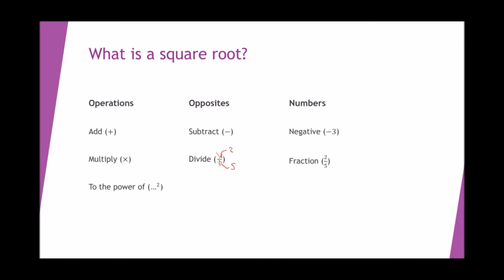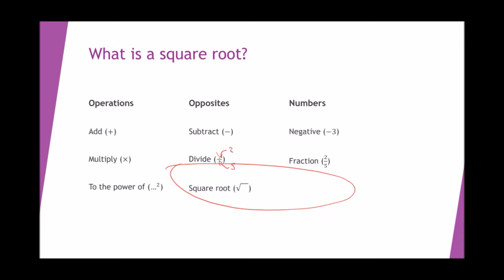So at this point, with this setup, we're going to get to the square root because we have this gap right here. And this is where the square root is going to come up. So as an opposite of to the power of, and very specifically as an opposite to the power of 2, so as an opposite to squaring, we have the square root.